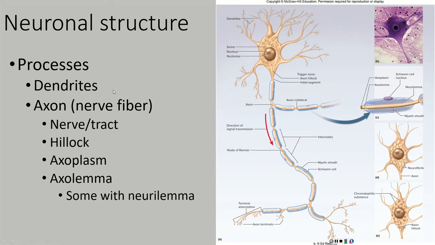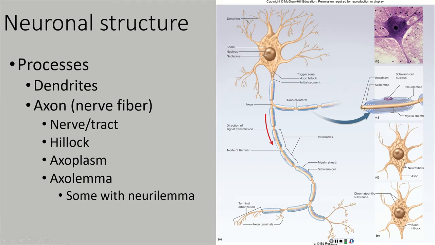So what are dendrites and axons? Dendrites are the receiving processes. They are going to receive a signal and send that signal towards the soma, towards the cell body. What kind of signal? Well, electrical signals. So the dendrites receive electrical signals.